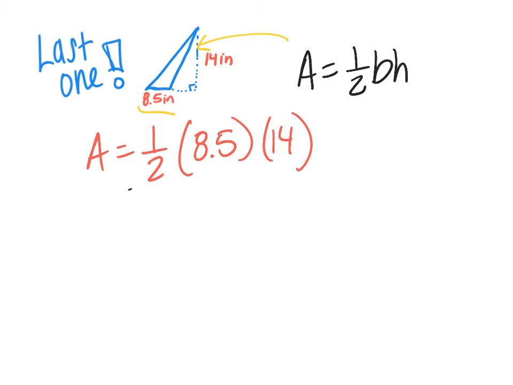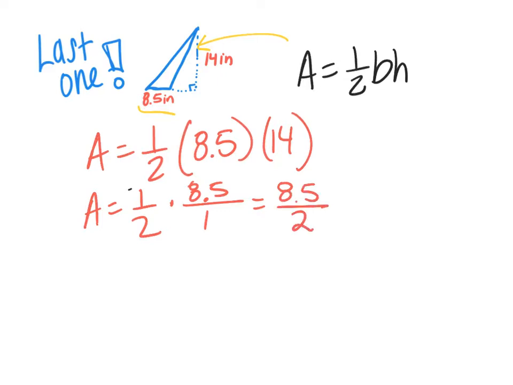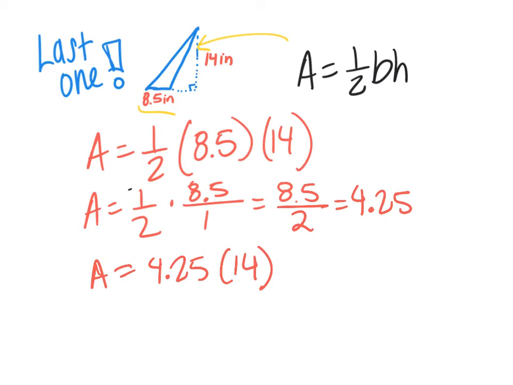Plugging in. And yes, I am dealing with decimals this time. Dealing with 8.5. So I'm going to take my 1/2 and multiply it by 8.5 over 1. You're left with 8.5 over 2, which gives you the decimal 4 25/100ths. Now I'm going to take that 4 25/100ths, also known as 4.25, and multiply that by 14.